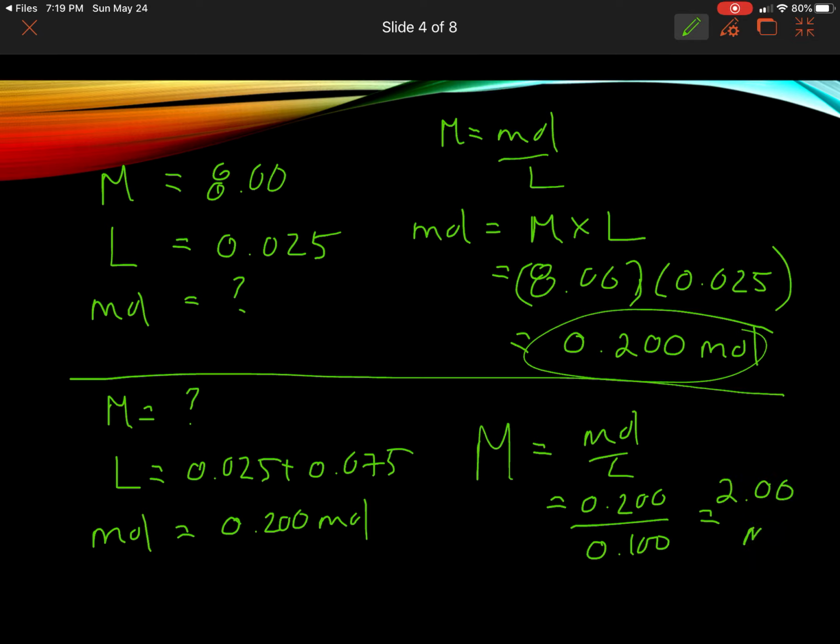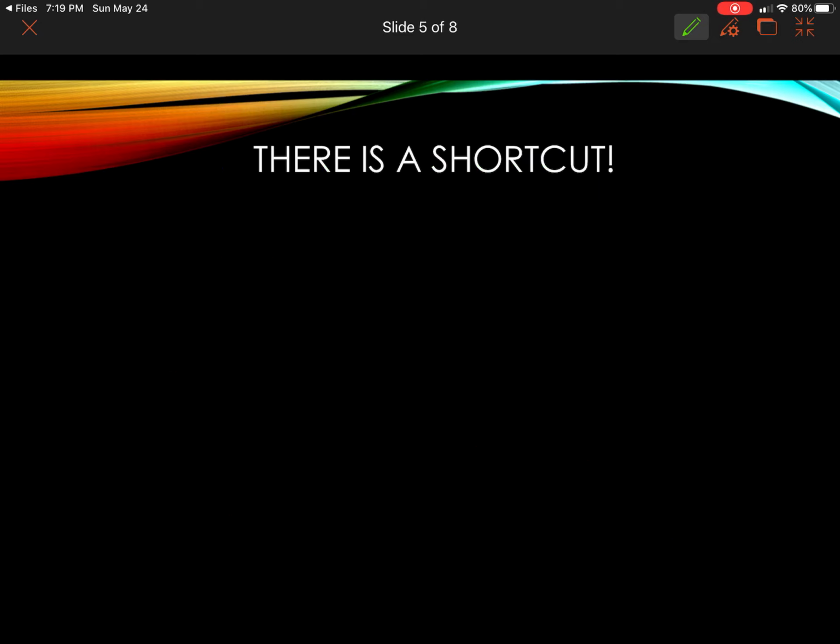And you're going to get an answer of 2.00 moles per liter. Okay, now let's just check our sig figs. Is that right? Yeah, that's good. Okay, so this is kind of long, and luckily there's a shortcut.